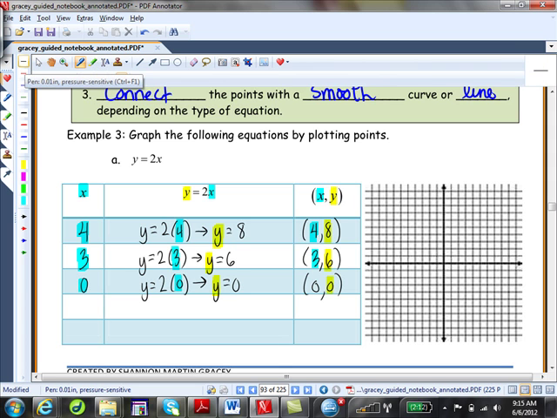And then some negative values are also good. So we could do maybe -2. So y is 2 times -2. That's what I'm plugging in for x. We'll get y equals -4. So we get the ordered pair -2, -4.